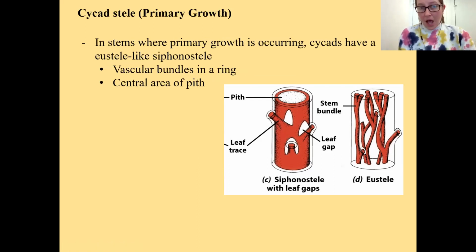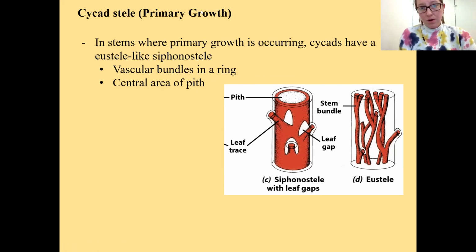When you're in a cycad, if primary growth is happening, you have kind of a eustele-like siphonostele, which we covered in the horsetails, in that the vascular bundles are in a ring, but there's also an area of pith.